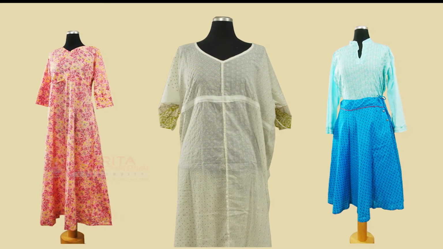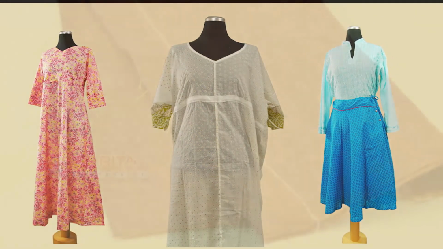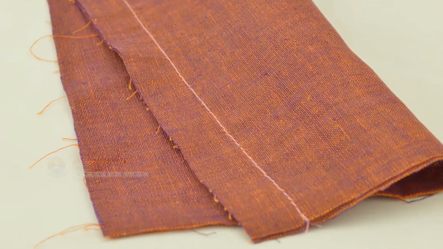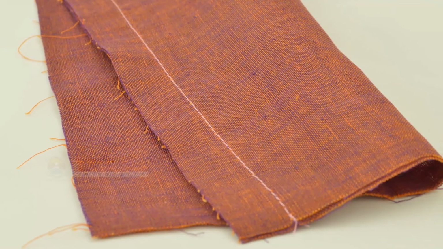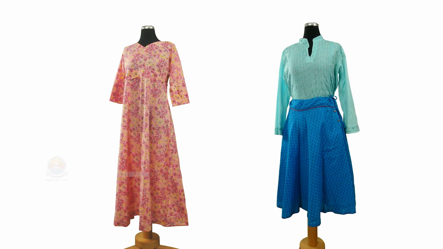Let's recall what we have learned. A seam is a line of stitches that joins two or more layers of fabric. There are two types of seams: constructional seams and decorative seams.